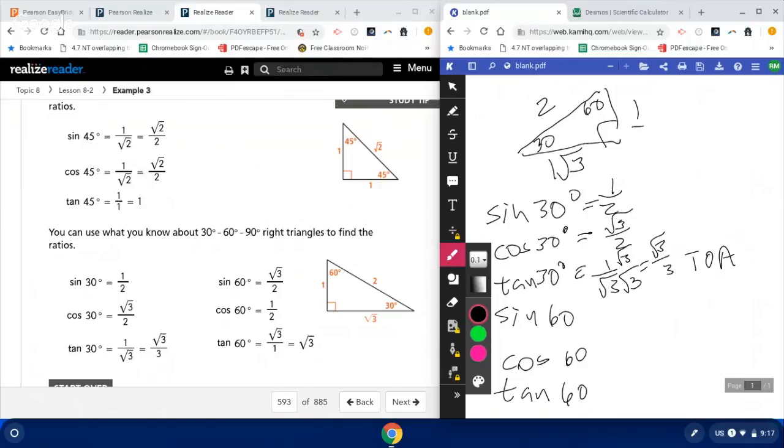Now we're talking about this angle. Its sine is opposite over hypotenuse, which is square root of 3 over 2. Its cosine is adjacent over hypotenuse, and tangent is opposite, which is square root of 3, over adjacent, which is 1.